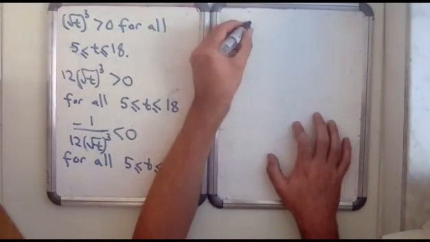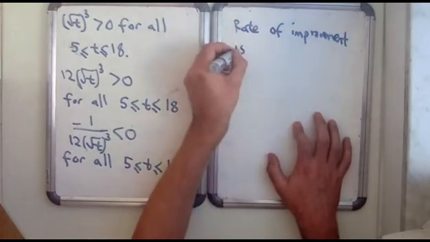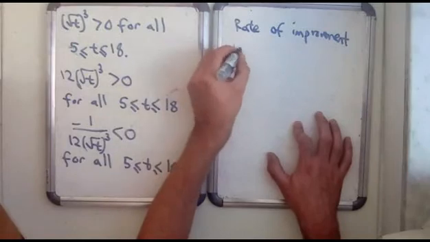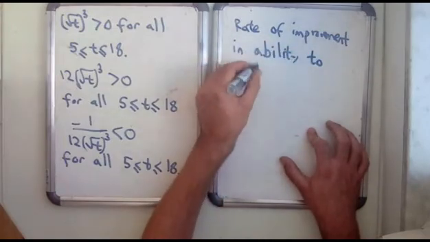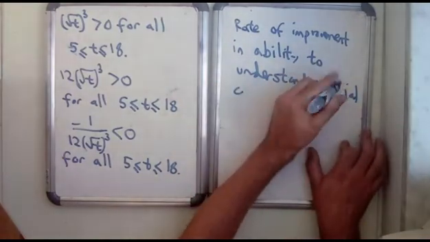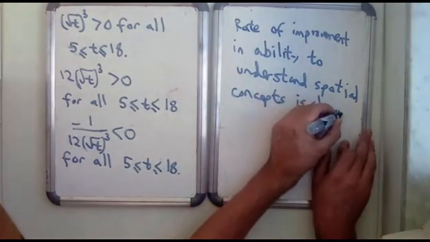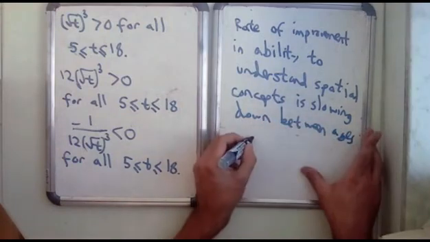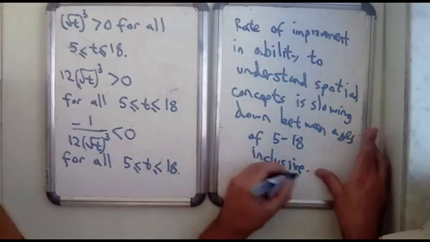So the rate of improvement in ability to understand spatial concepts is slowing down between ages of 5 to 18 inclusive. Okay.